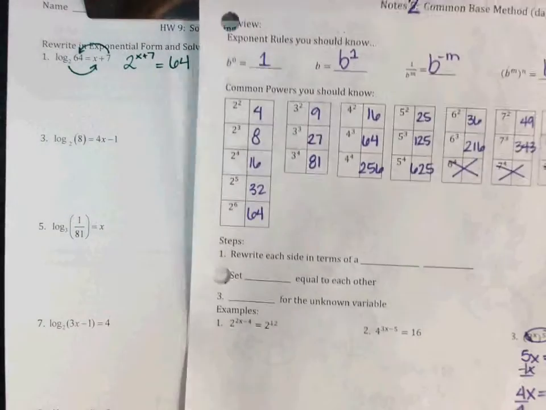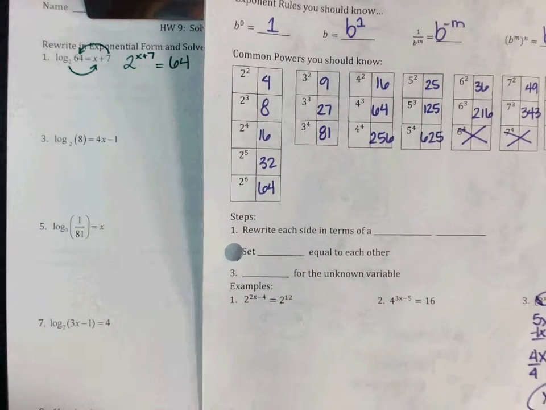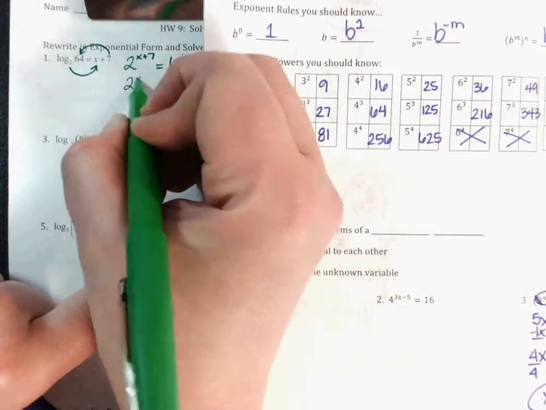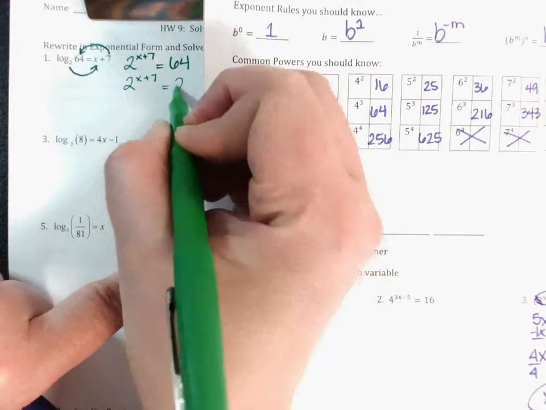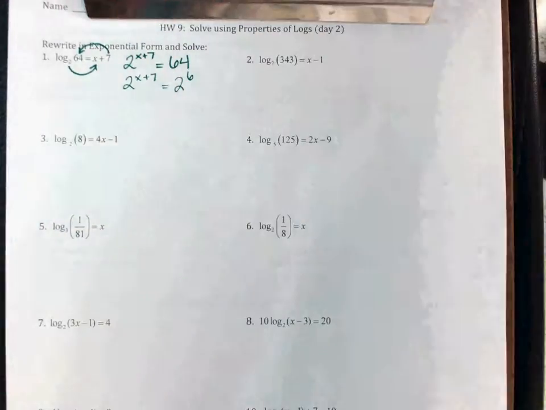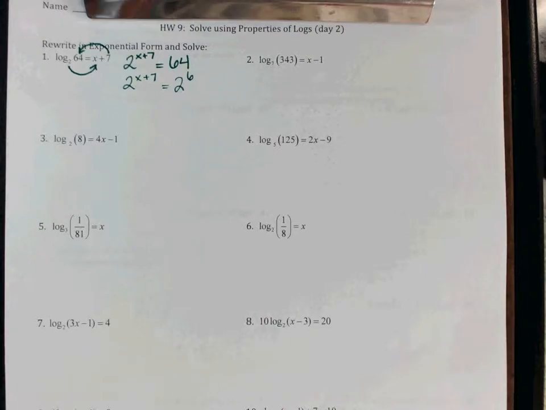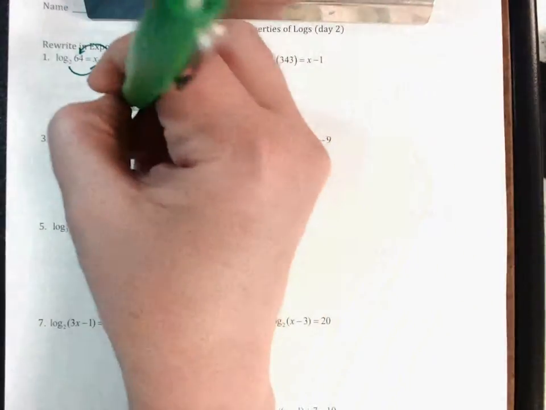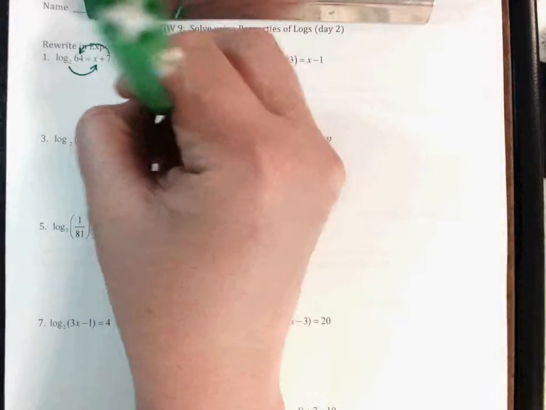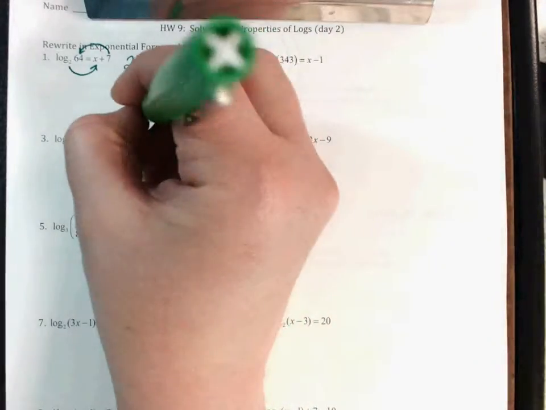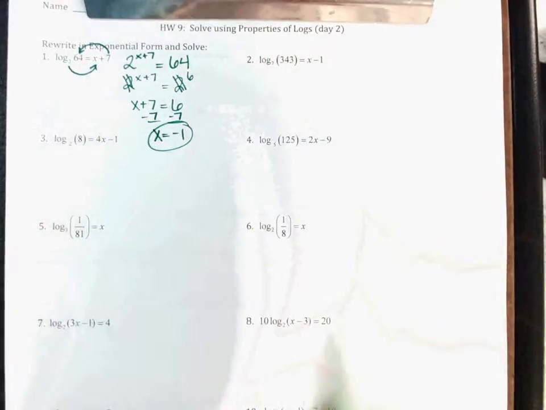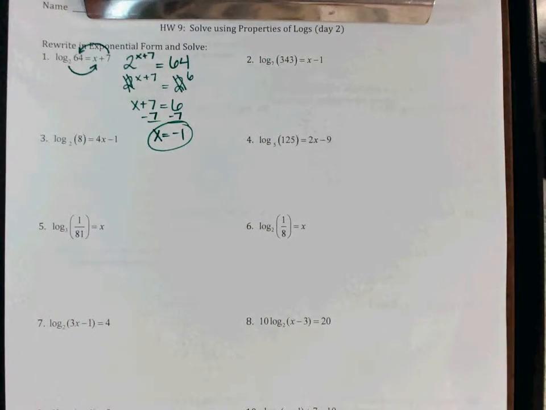I'll put my chart right here. 2 to the 6, very good. So 2 to the x plus 7 is 2 to the 6, and then I'd cross out my 2's. This 2's gone, that 2's gone, x plus 7 is 6. Minus the 7 across, negative 1. Very good. Got it, remember?